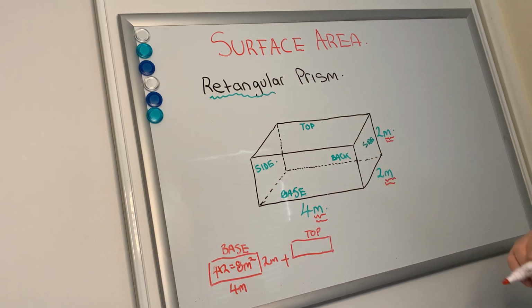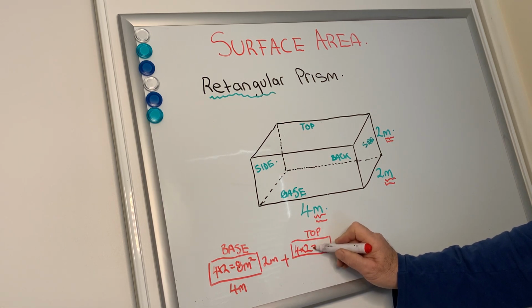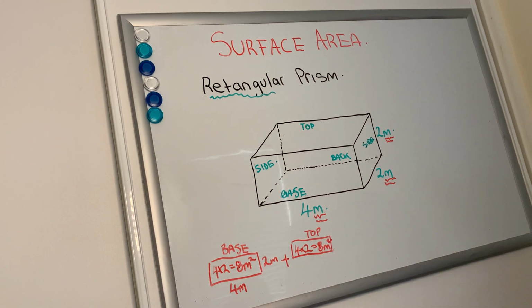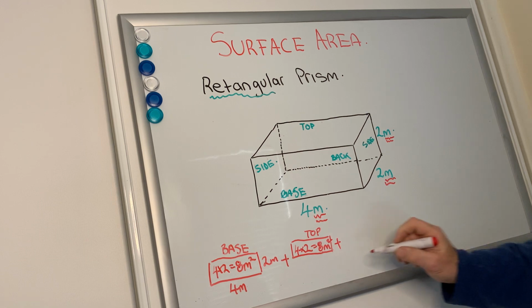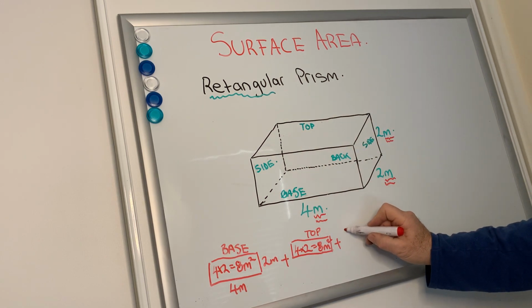And the top is also going to be 4 by 2, so 4 by 2 is equal to 8 meters squared. Plus, we've got the base, we've got the top. Let's take the side. It's made up of a side.